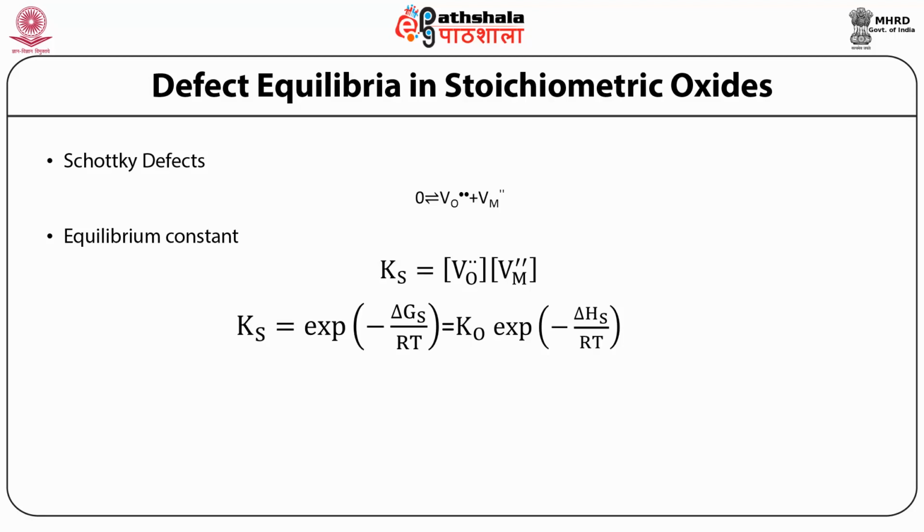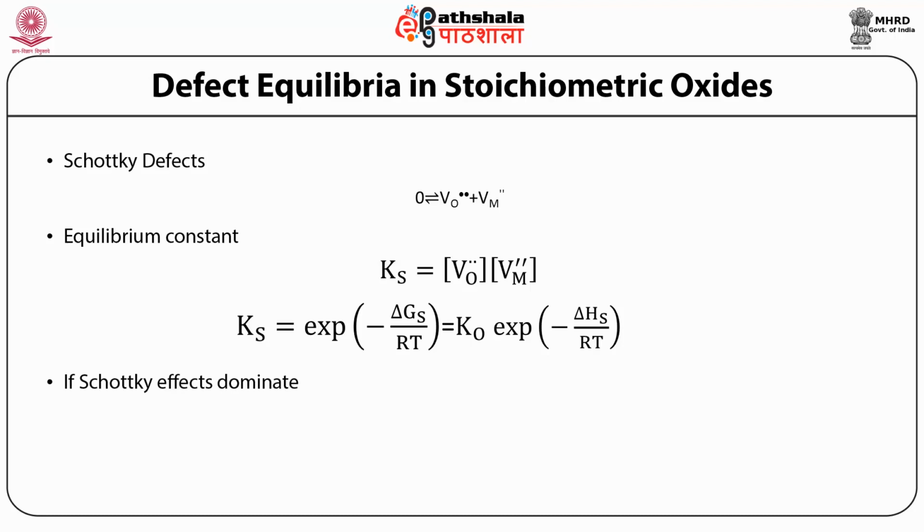That's why the contribution from entropy has been neglected and Ks is represented as K naught exponential of minus delta H by RT.